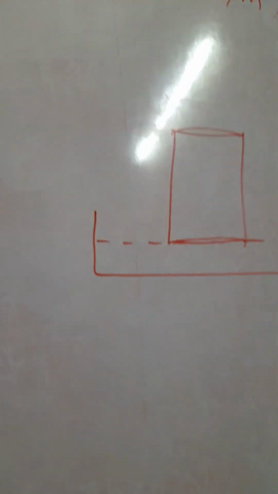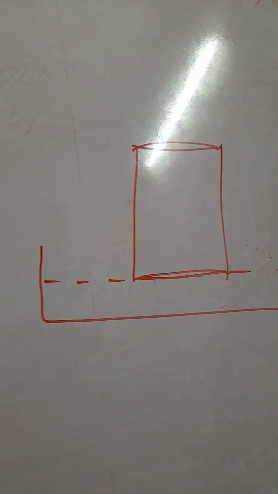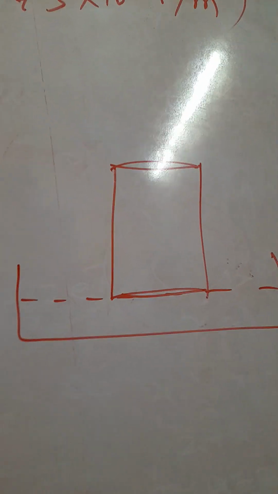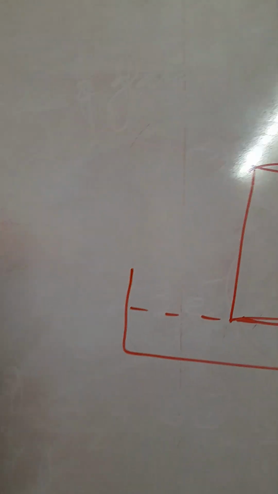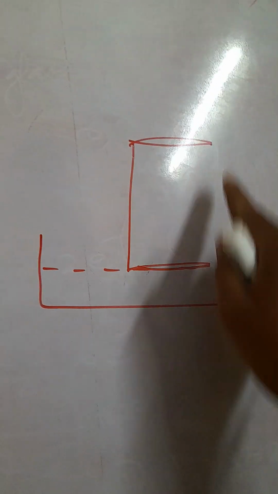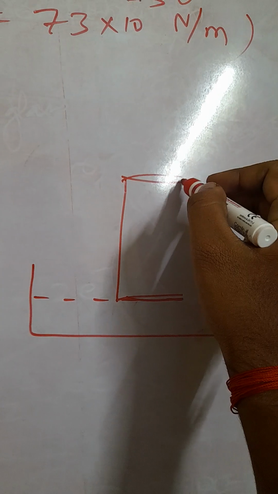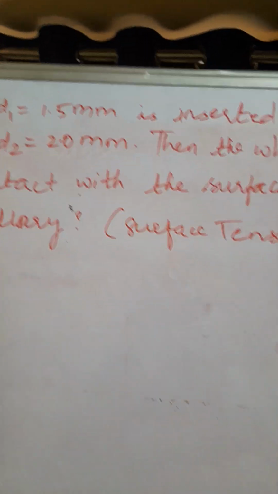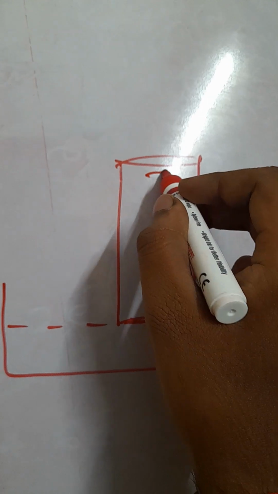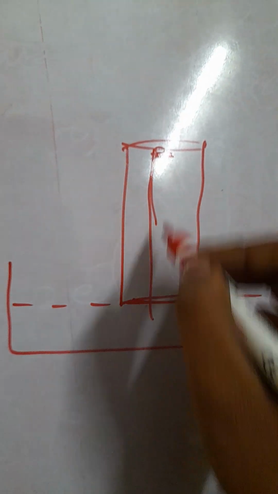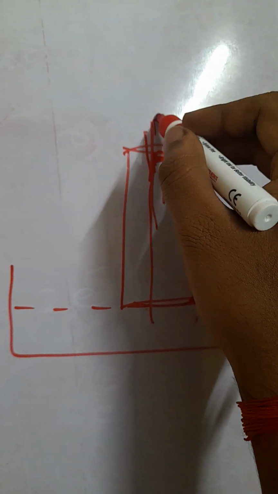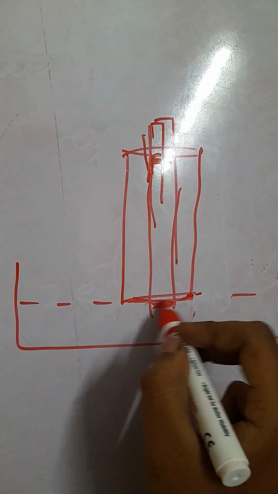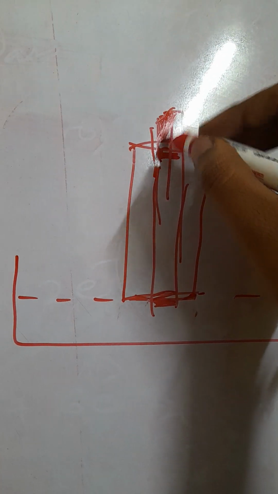I'm just assuming the radius as big, but it may be small also. Actually, it's in millimeters, so let's make it small. So this is the capillary. They said a glass rod of diameter 1.5 mm. So we have kept a glass rod in this capillary. I'm keeping it black just to show that it is not hollow.